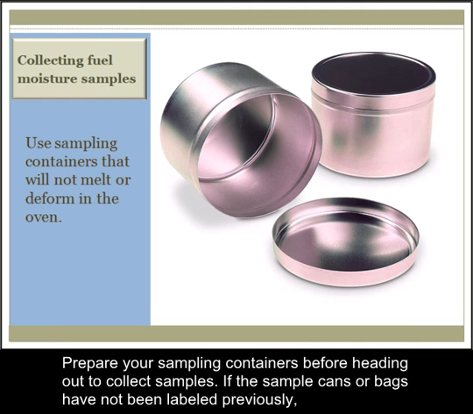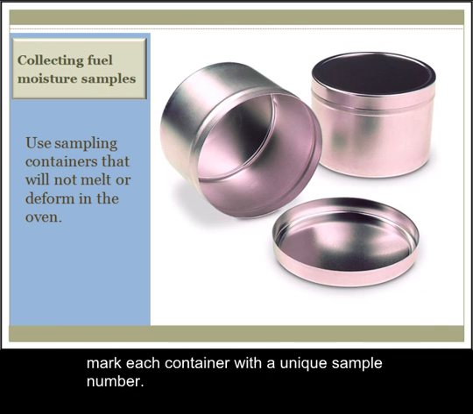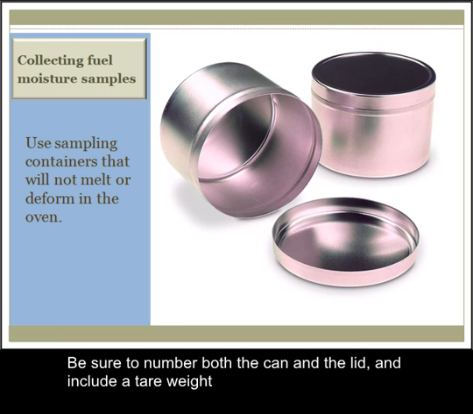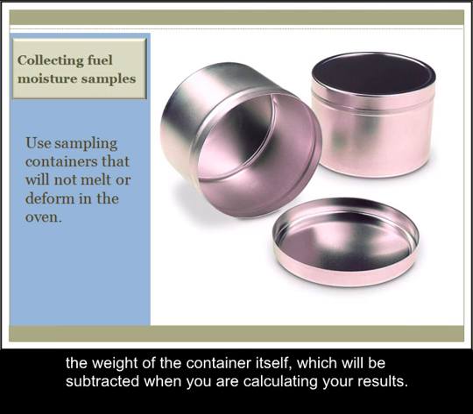If the sample cans or bags have not been labeled previously, mark each container with a unique sample number. Cans and lids are easily engraved, and plastic containers, including bags, can be marked with permanent marker. Be sure to number both the can and the lid, and include a tare weight, the weight of the container itself, which will be subtracted when you are calculating your results.